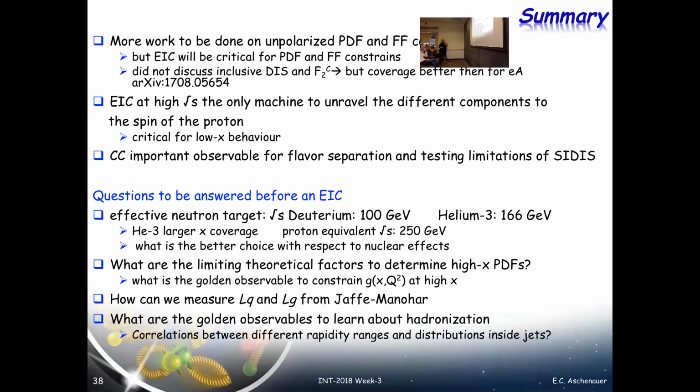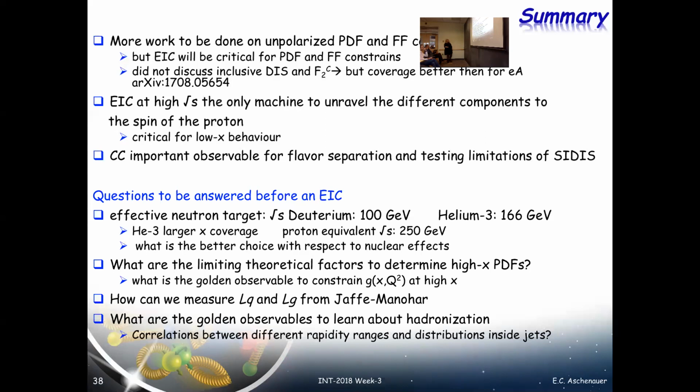And here come my questions. Yesterday, we already heard about the neutron target, this question of deuterium versus helium-3. If you have a proton machine which can do 250 GeV, then your deuterium maximum energy will be 100 GeV, and for helium-3 it will be 166. It has to do with the rigidity of a beam in a machine. You cannot overcome this.